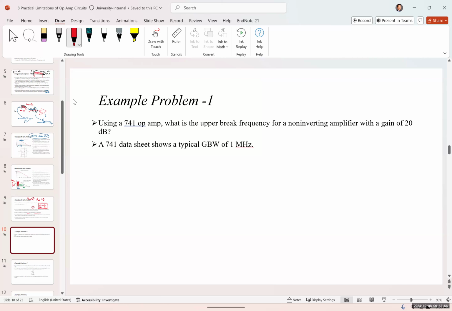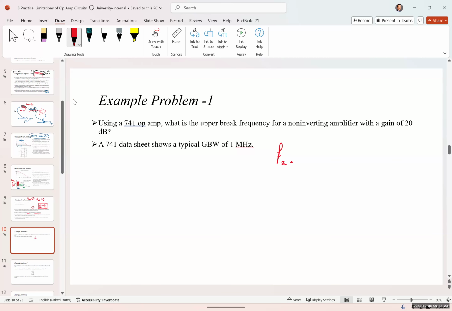So example number 1. Using a 741 op amp, what is the upper break frequency for a non-inverting amplifier with a gain of 20 dB? For a 741 op amp, the gain bandwidth product is 1 megahertz.